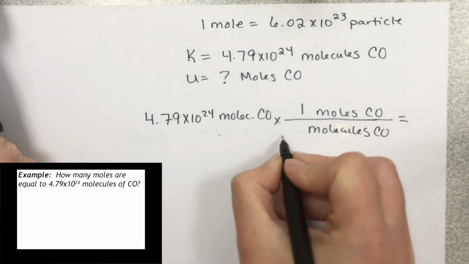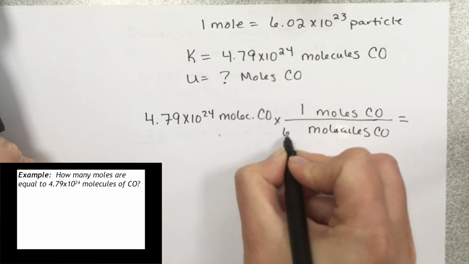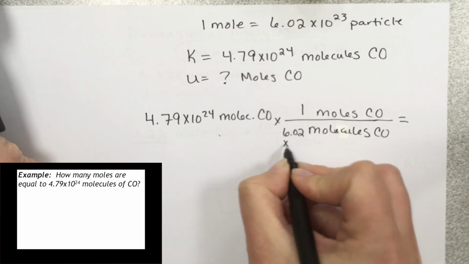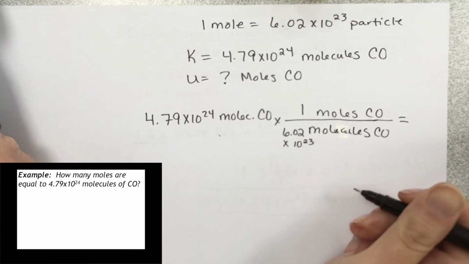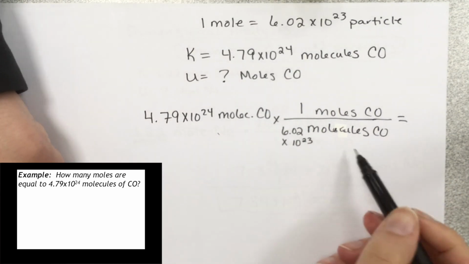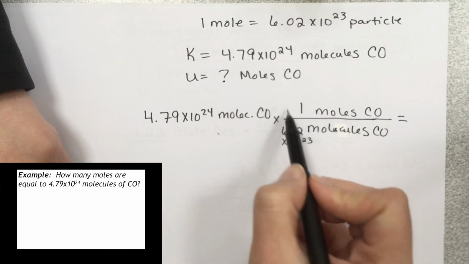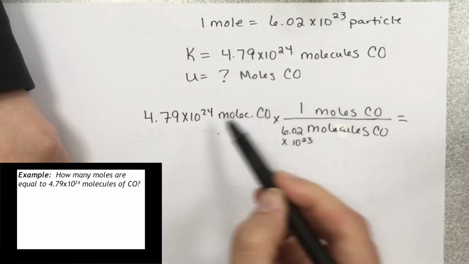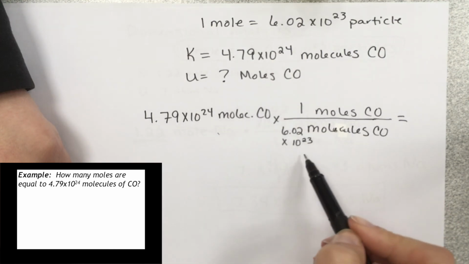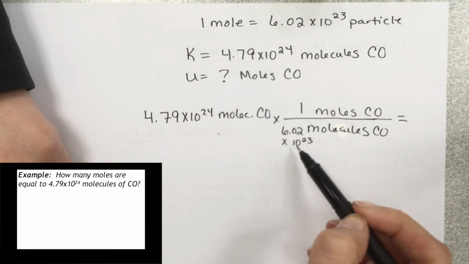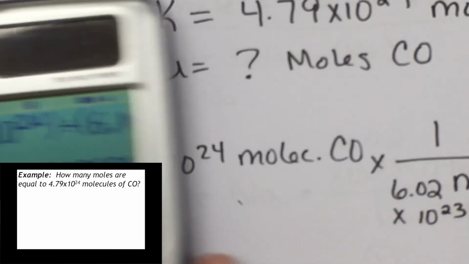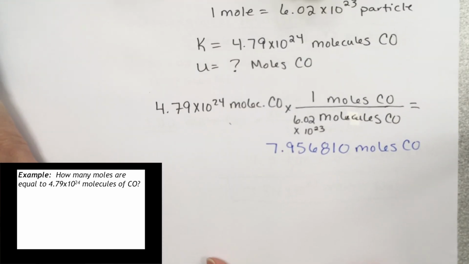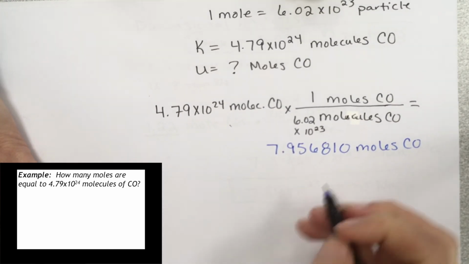For every 1 mole of it, we have, again, I did not leave myself space, times 10 to the 23rd molecules of carbon monoxide. So now all you have to do is plug in the numbers. Remember, anything with 1, you just ignore it. So if you have a number here and a number other than 1 here, just take this divided by this. 8, blah, blah, blah. Okay, so we have that many moles of carbon monoxide.